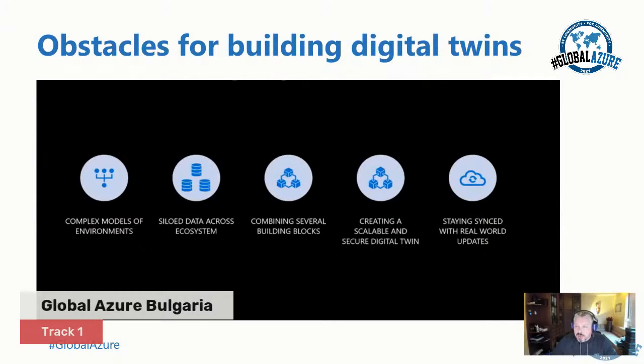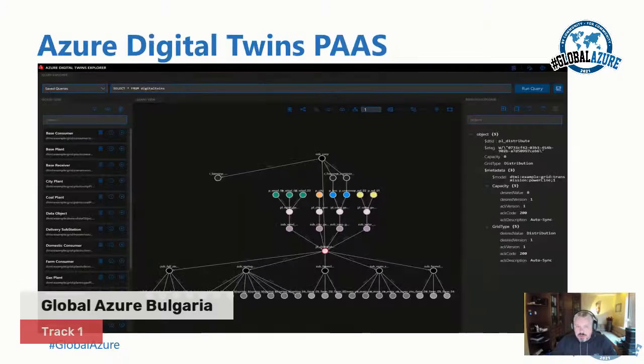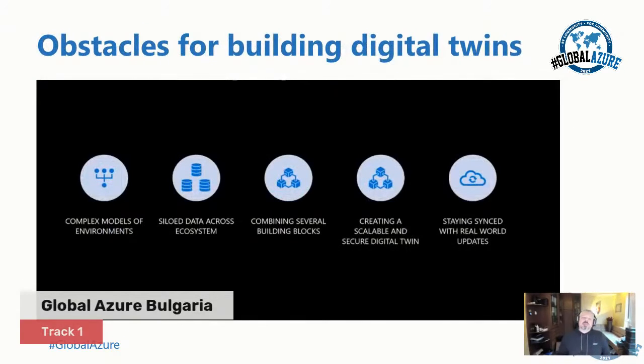And the most important thing of the Azure Digital Twins, which is a platform as a service, is basically that it helps you prevent the biggest obstacle to digital twins creation, which is on one hand the silo data across the ecosystems. And why is it important? Because energy utilities have been around for decades, and the problem with them is that very often we need to be able to interact with legacy systems.